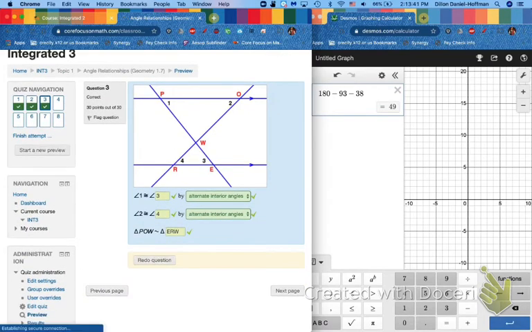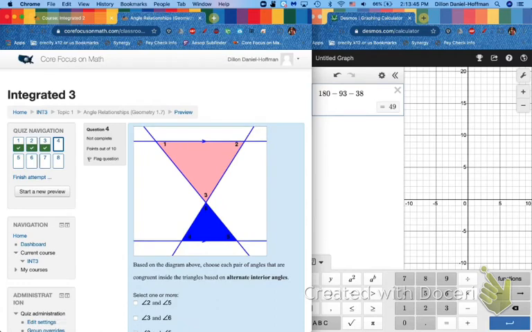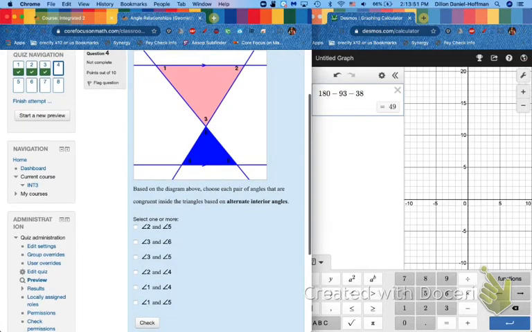All right. Number 4. Now we have an example of a diagram where they want us to specifically find alternate interior angles. Can you see the 2 pairs of alternate interior angles in this problem? Hit pause and see if you can click on them, and then I will check it once you hit play.